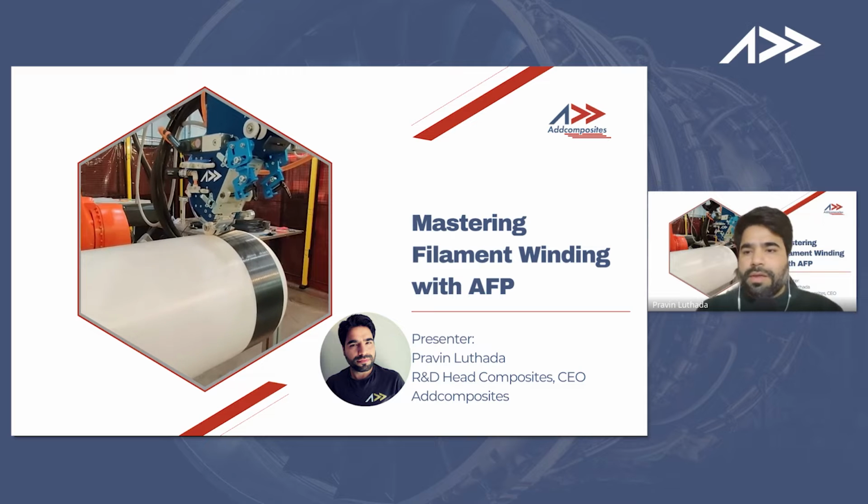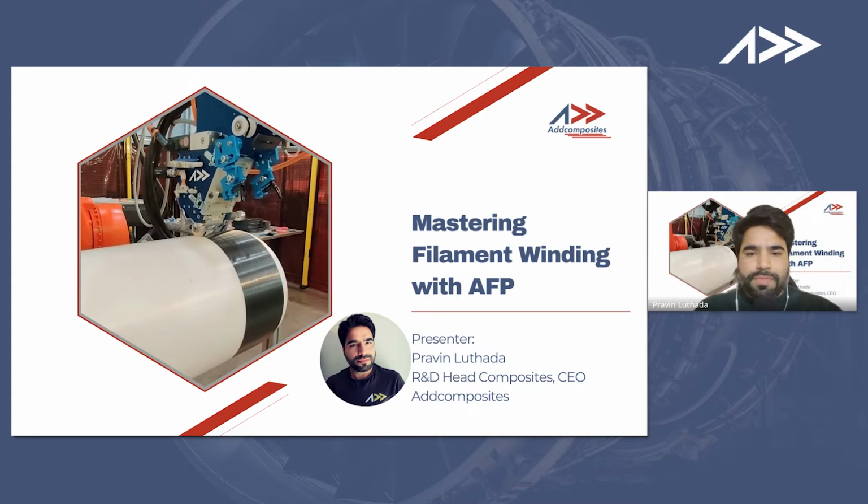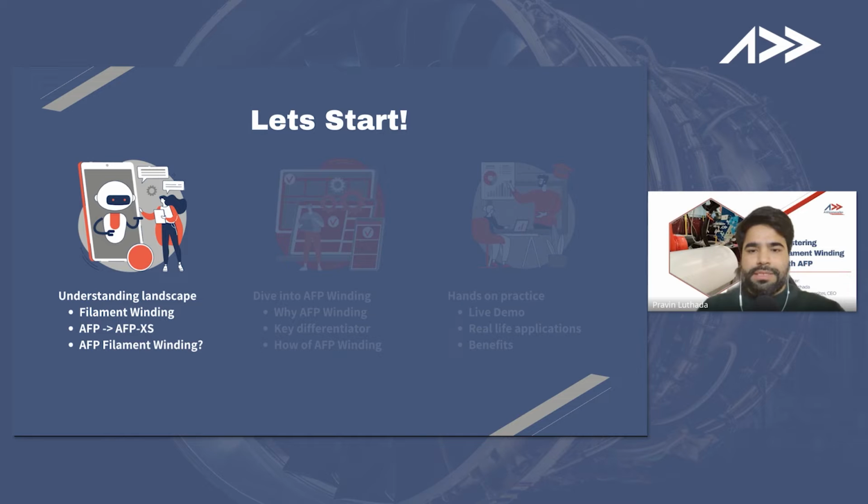With that, I will start. So we will have mainly three parts in this presentation. We will start with the very basics of filament winding. We'll start to ramp it up, AFP, FPXS, and then trying to define what is this AFP filament winding.